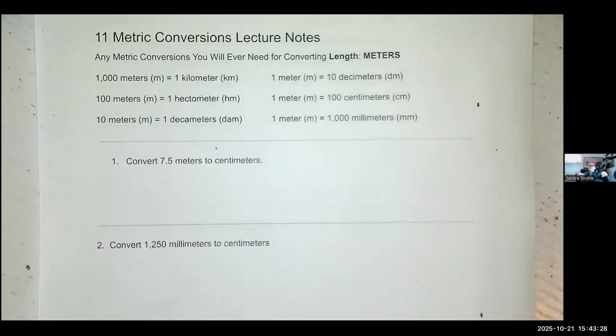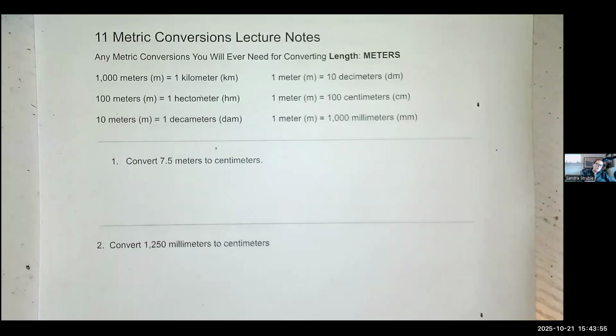So when they said up and down, I don't do that. I go to meters and then I go where I need to go. I always have a way to get to meters. And the metric system only uses 3 things: meters, liters, and grams. That's it. Everything else has to do with how many more or fewer meters or liters or grams. Okay. So I'll show you.